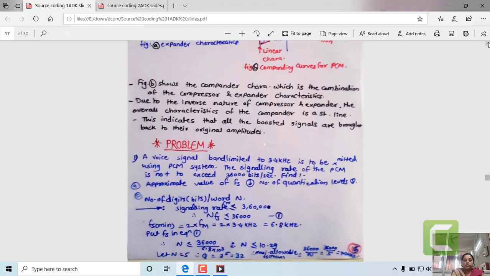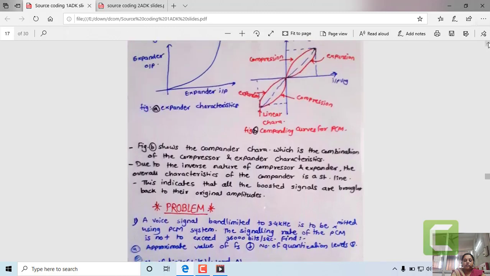In these numericals, what we are going to observe is the relationship between the number of quantization levels, the sampling rate of the signal, and the band limiting value for the signal. So in the given statement, it is said that a voice signal is band limited to 3.4 kHz.